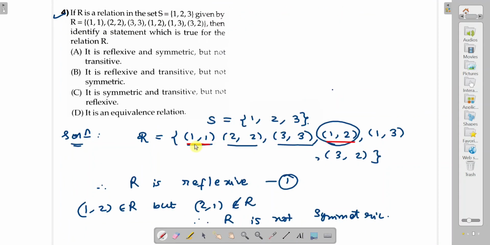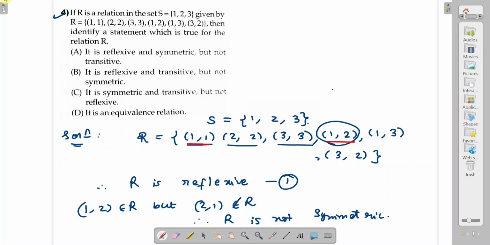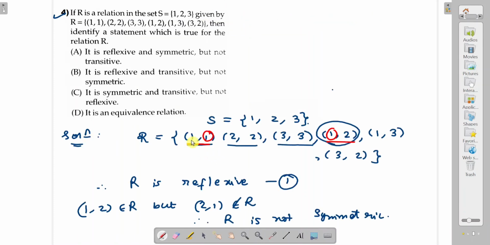So 1 is common here, so b should be common when checking the condition. So the element (1, 2) should be there in this set, and that is there here itself.